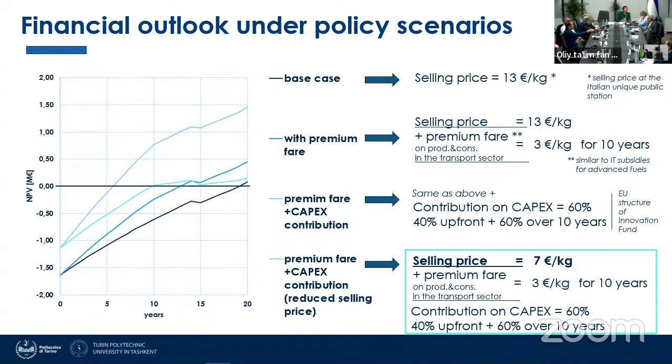Another option that we explored is the European Union Innovation Fund. The Innovation Fund is a fund at the European level that is very tied with the emission trading scheme. It is a capital grant based on this structure: 40% of the capital grant is upfront and 60% is given in 10 years.